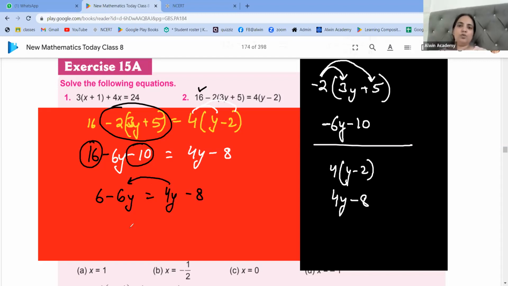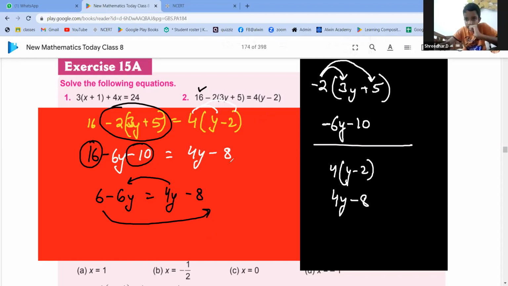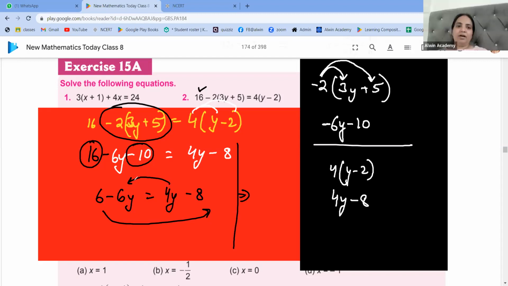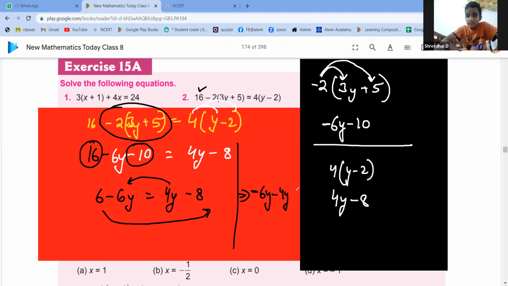Now let's transpose y's to the left and constants to the right, right, beta? Yes, ma'am. If I transpose 4y to this side, 6y I'll write first, which is negative, and this is positive 4y, I'll make it negative 4y.